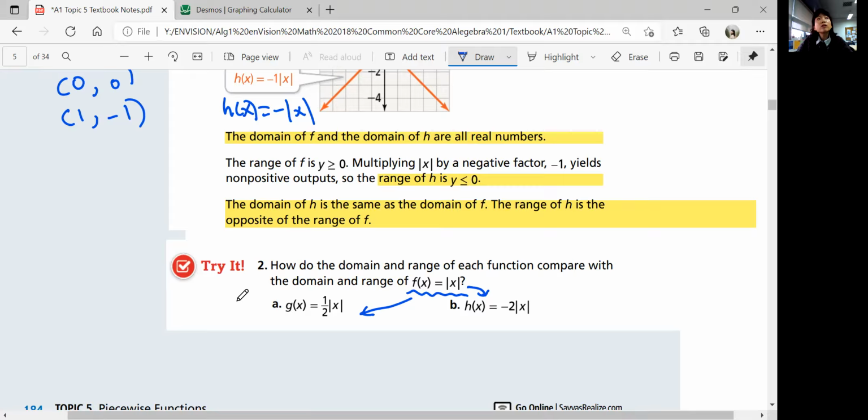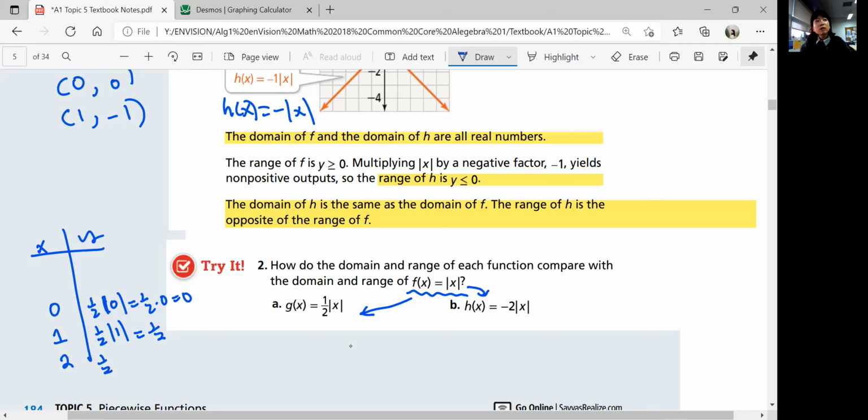Okay, so how do you graph one half times absolute value x? You plug in some numbers, so make a table of values. If x is 0, y is 1/2 times absolute value 0, which is 1/2 times 0, which is 0. So 0, 0. What about positive 1? 1/2 times absolute value 1 is 1 divided by 2, so that's 1/2.